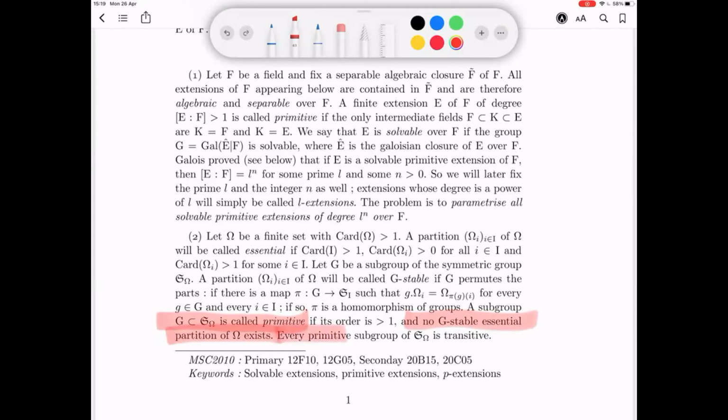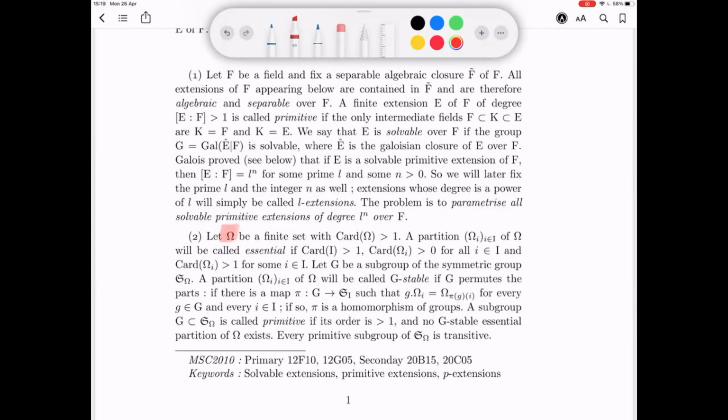Now one can check that a primitive group is automatically transitive, but the converse is not true. It's true in prime degree, but it's not true in general. If prime degree meaning the number of elements in omega is prime, then to say that a subgroup of S omega is primitive is the same as saying that it is transitive.